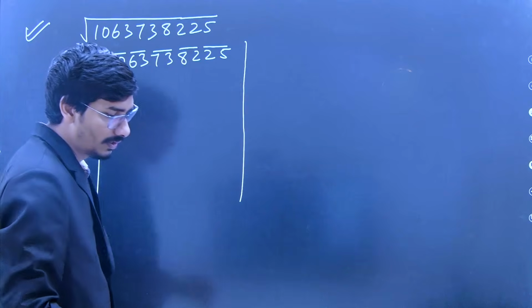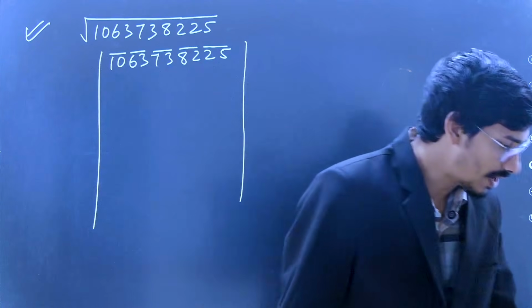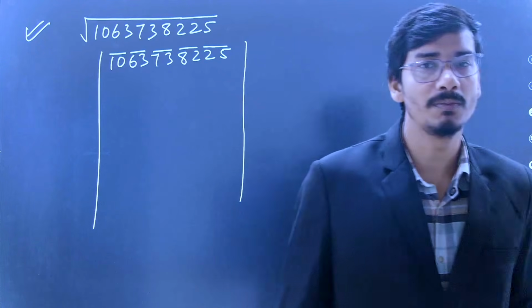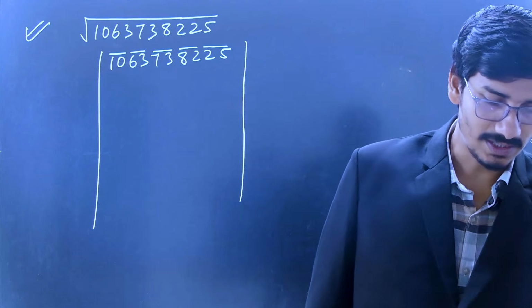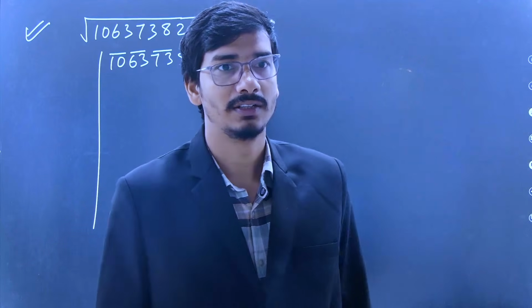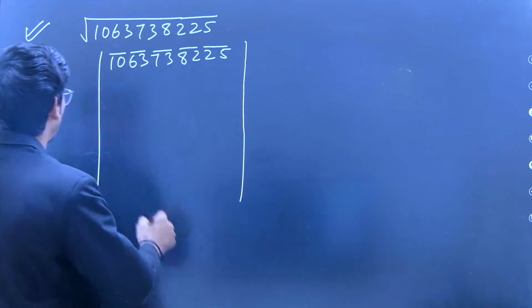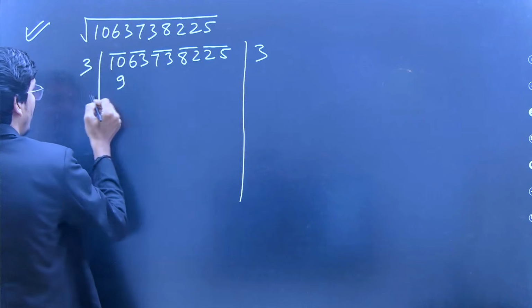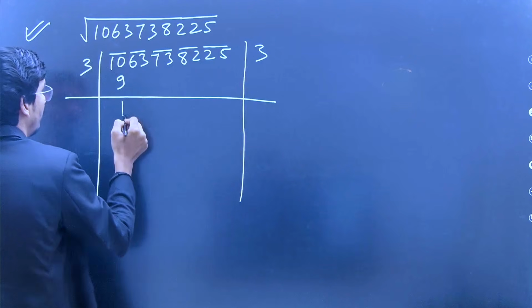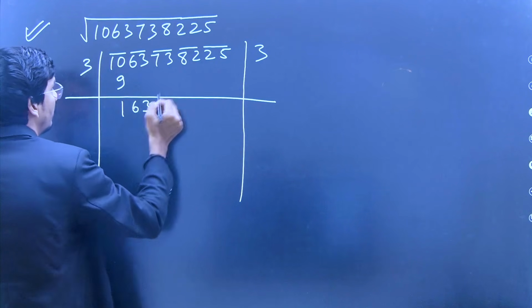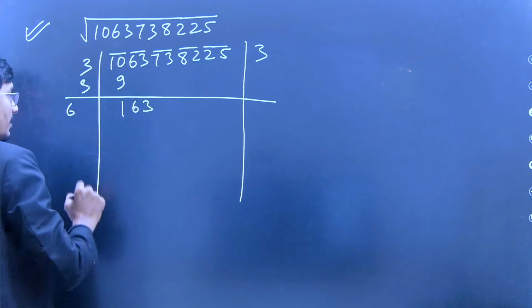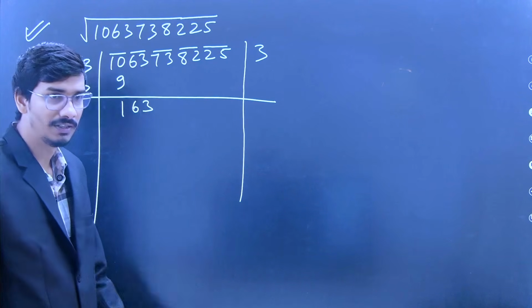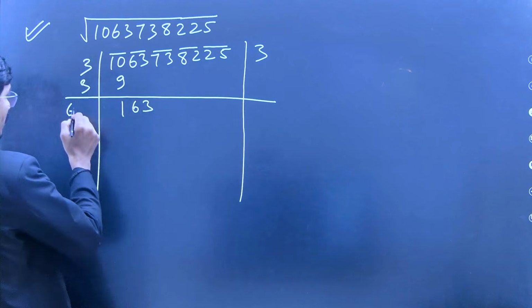Now any number whose square is less than or equal to 10, that is 3. So 3 into 3, 3 3s are 9, remainder 1, 63 as it is, 3 plus 3, 6. Now by what number will we multiply?